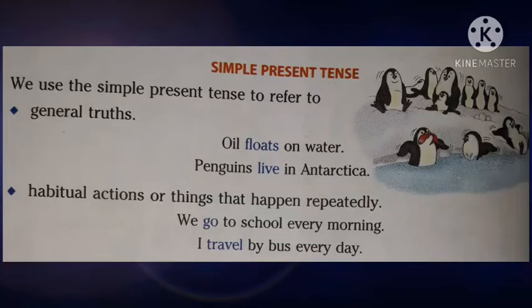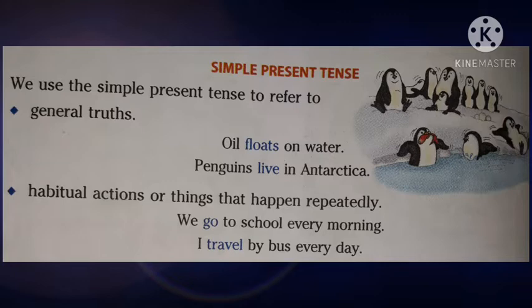Let's learn the usages of simple present tense now. We use simple present tense to refer to general truths or facts. For example, oil floats on water. Penguins live in Antarctica. Sun rises in the east.